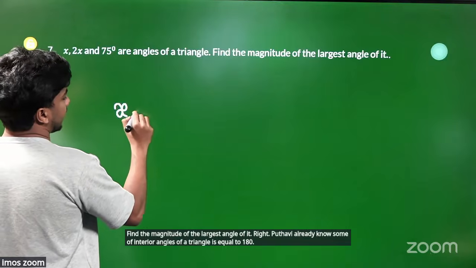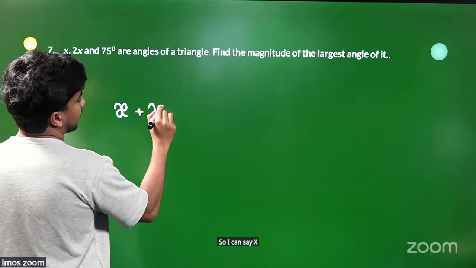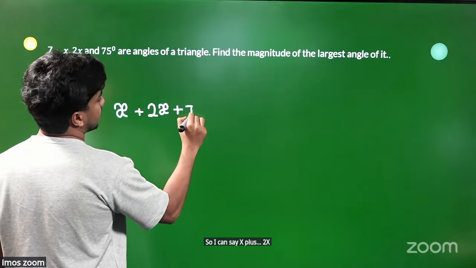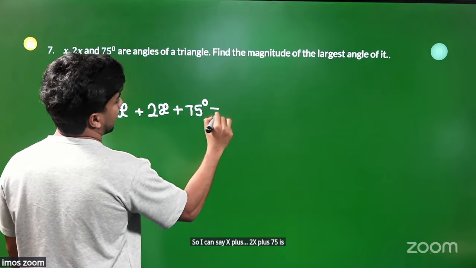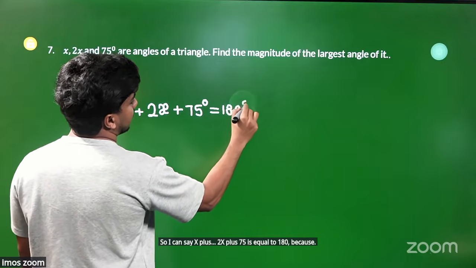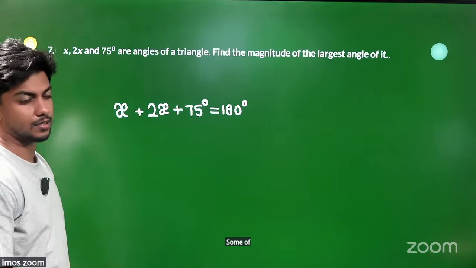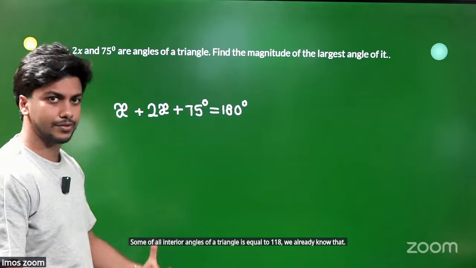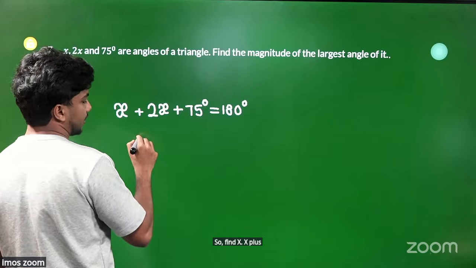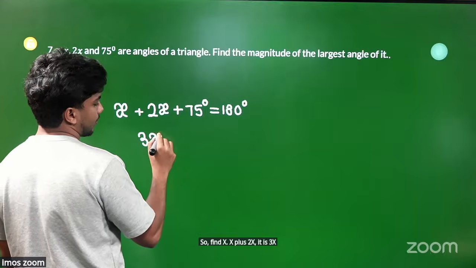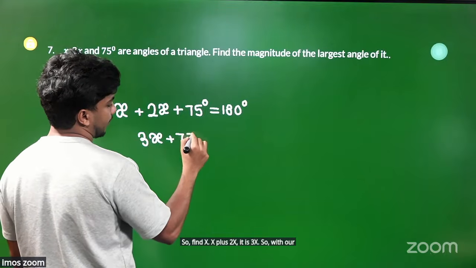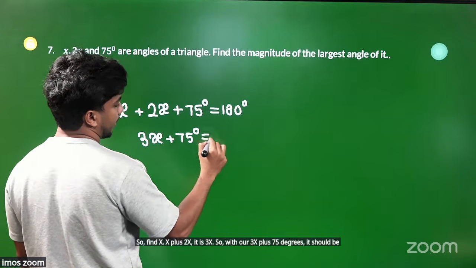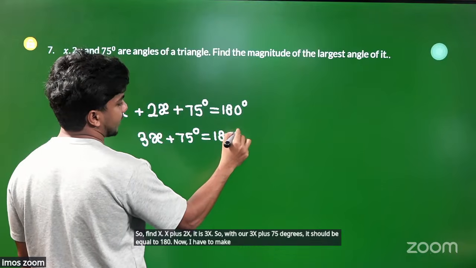So I can say x plus 2x plus 75 is equal to 180, because the sum of all interior angles of a triangle is equal to 180. So find x. x plus 2x is 3x. So 3x plus 75 degrees should be equal to 180. Now I have to make x the subject.